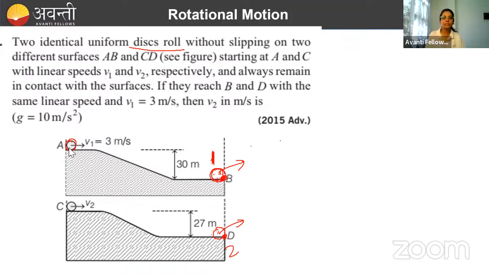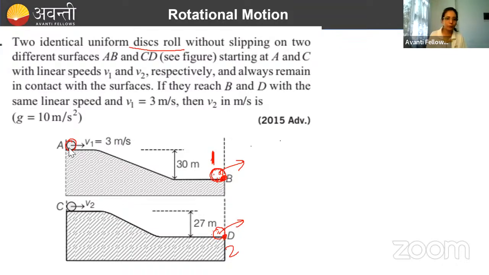So both are having same energy and throughout there is no non-conservative force acting. ऐसे भी rolling motion में even if friction is present, that won't change its energy, right? Because its point of contact always remains at rest with the surface. So friction is not doing any work. It means no resistive force has done any kind of work. It means its energy will remain conserved. इसका मतलब क्या हुआ?